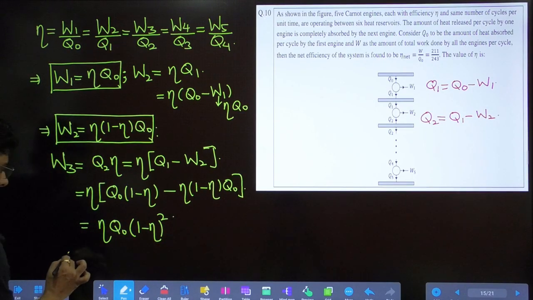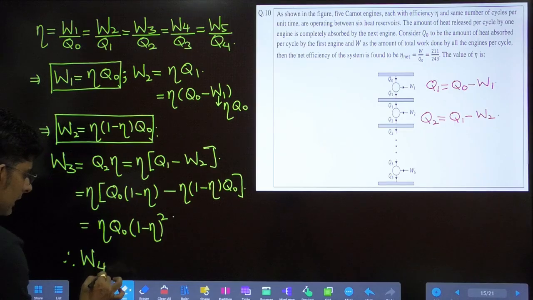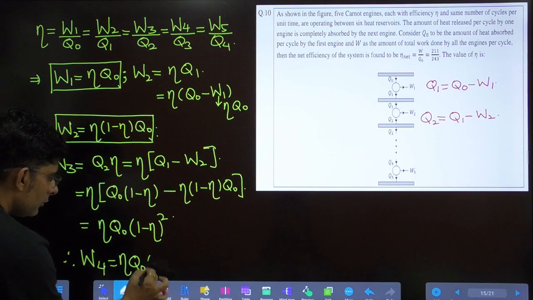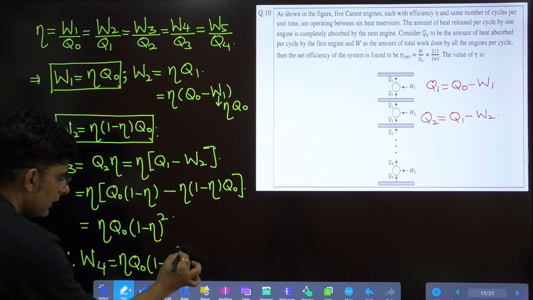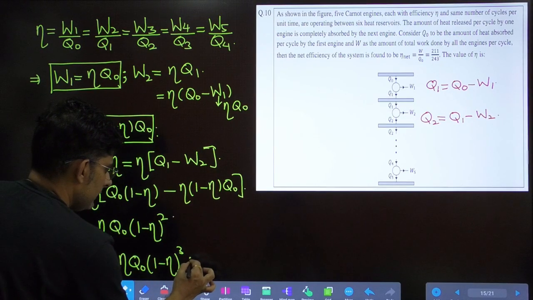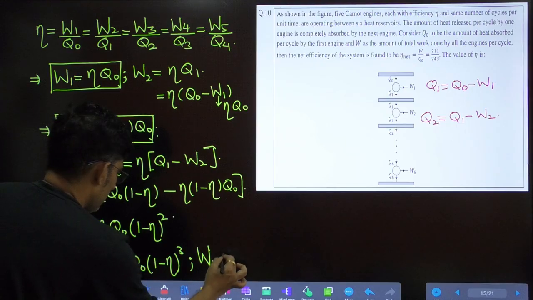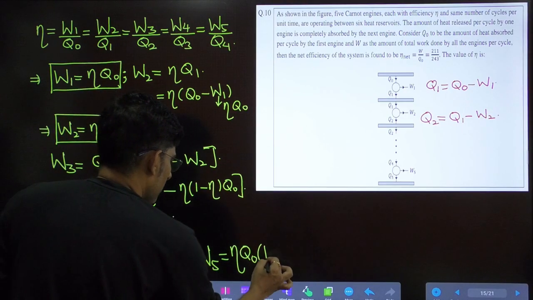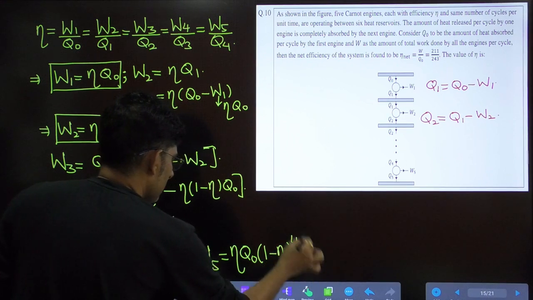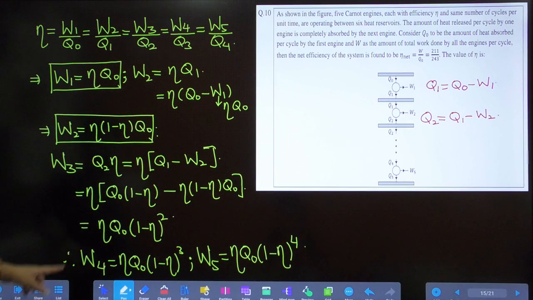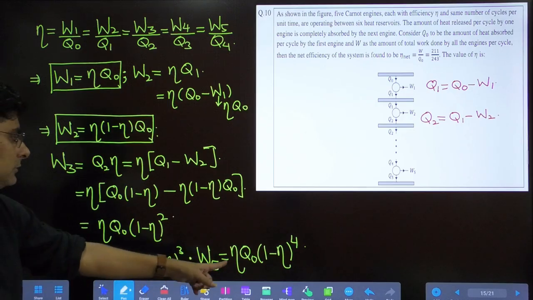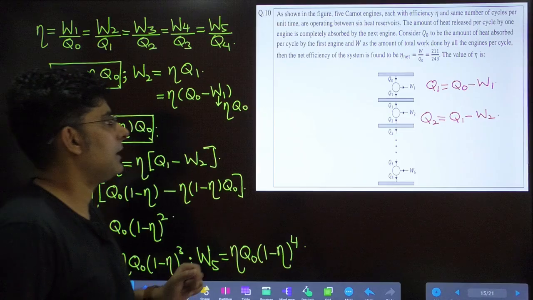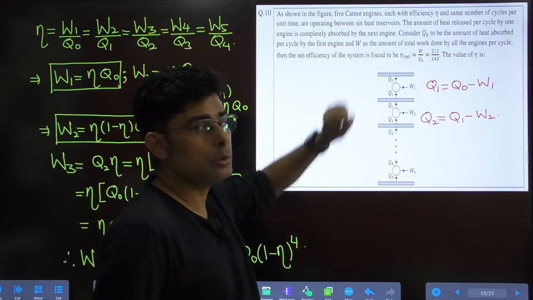Proceeding in this way, W4 will become eta Q0 into 1 minus eta cube, and finally W5 will become eta Q0 into 1 minus eta power 4. So each one we got in terms of eta and Q0.